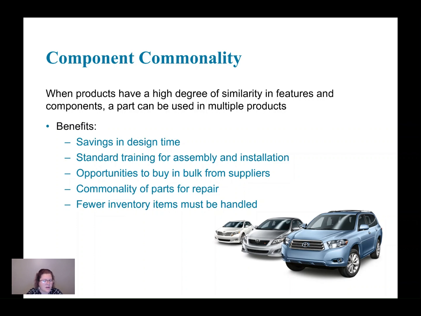So the body of the vehicle might look very different from one type of vehicle that we make to another type, but a lot of the internal components might be the same, such as the same seats, the same seat belts, the same steering wheel, the same radio and electronic system, maybe even some of the same engine components. And this does a lot of things for us.